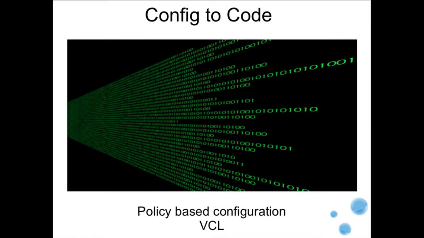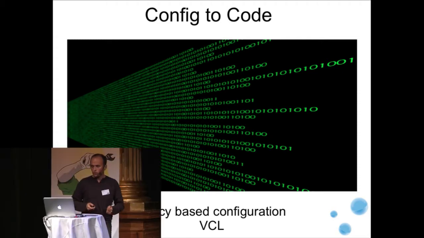Okay, so now I'm trying to approach the thing which I think is really, really cool. One thing that Varnish does is, instead of having the typical configuration of any program, where you have key value pairs in some sort of ini or config file, in Varnish you write little programs.